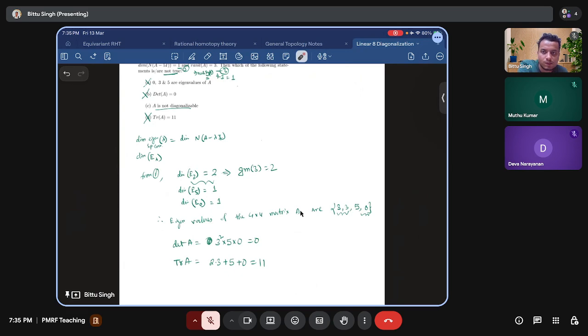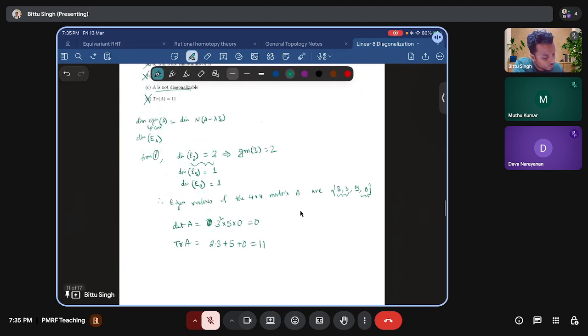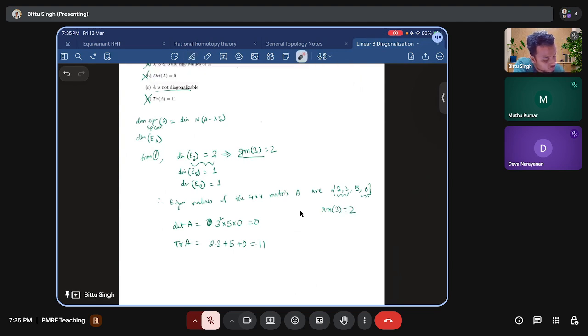Okay. So in this case, we have already seen that the geometric multiplicity of 3 is 2 and the algebraic multiplicity of 3 is also 2. And this is also true for any other eigenvalues.